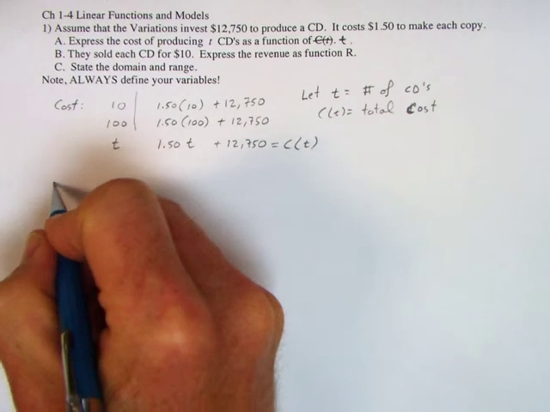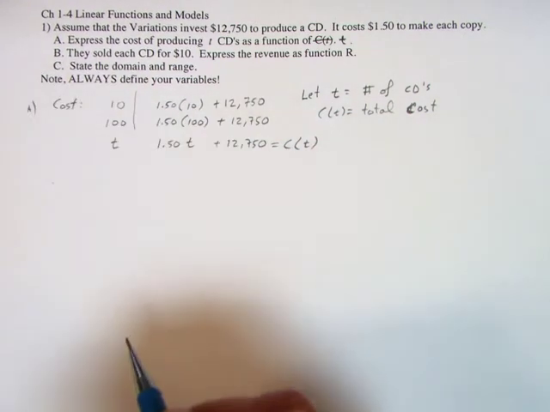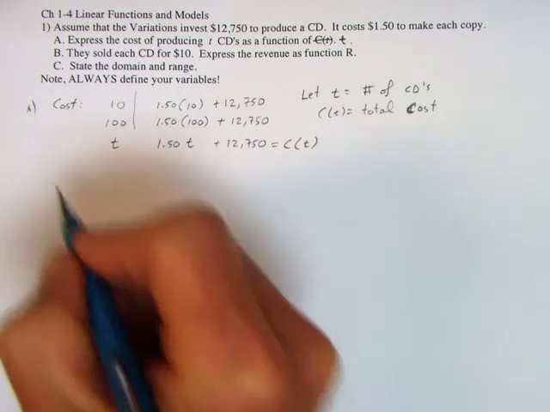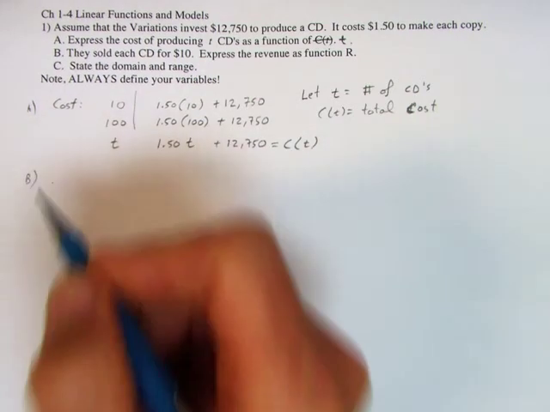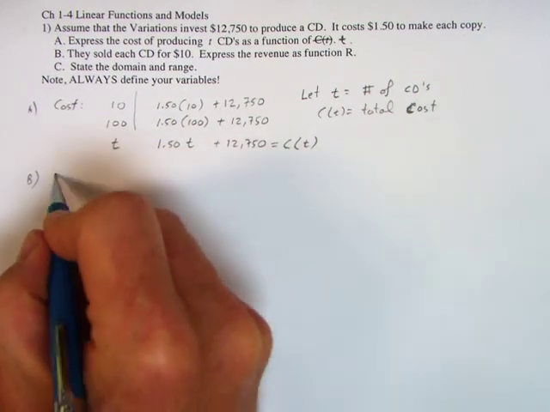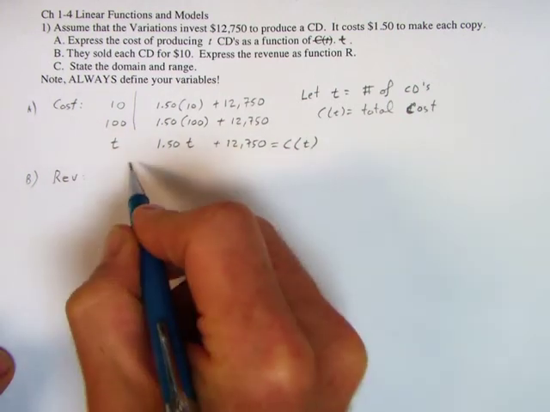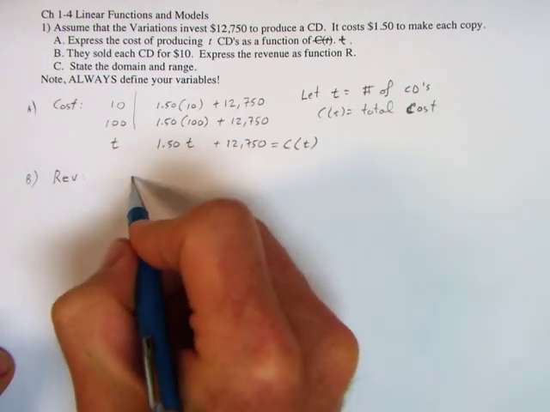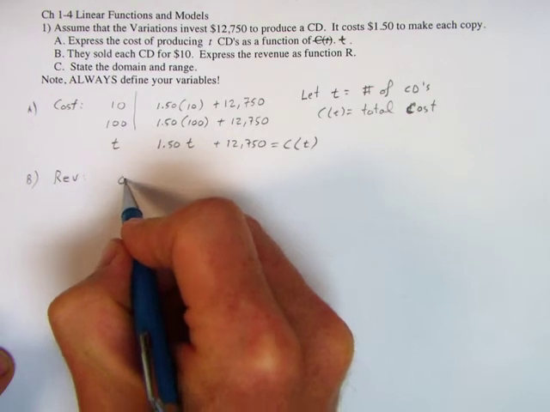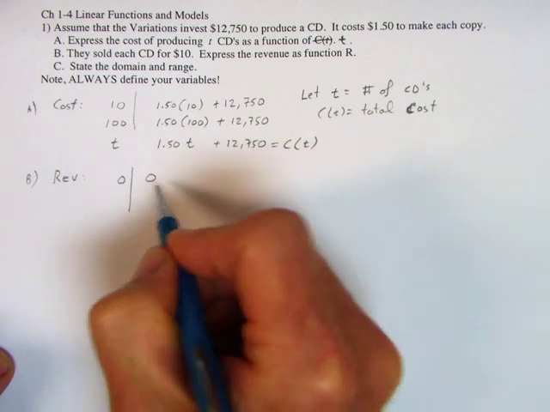Now let's take a look at our revenue. So there's A, and then B. And I think I left off part of the problem, but B will be the revenue if I sell 0, then I make 0.